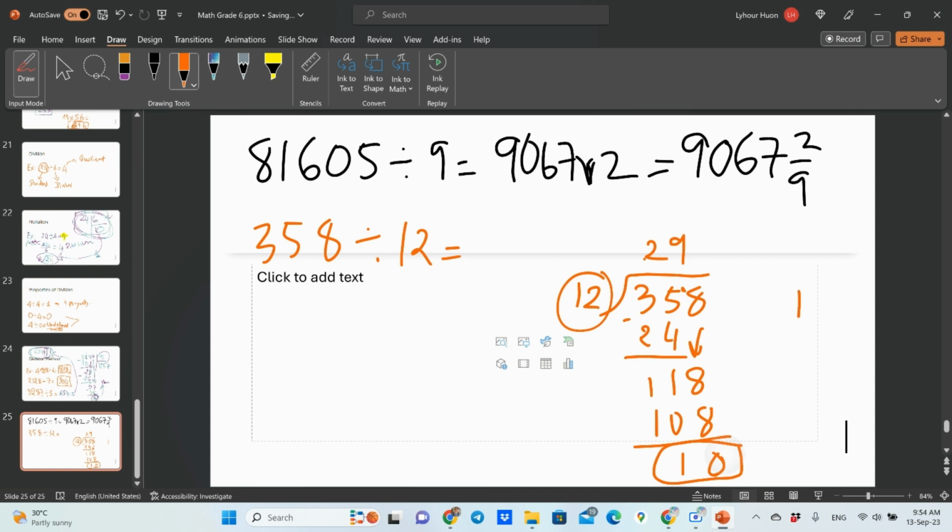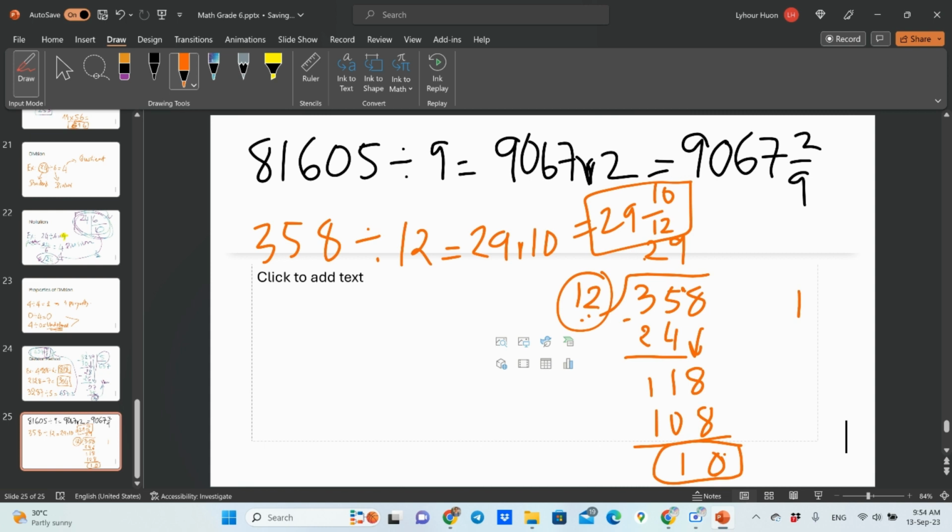If the remainder is greater than the divisor, you did it incorrectly. Remember, a remainder has to be smaller than the divisor. So this equals 29 remainder 10, or 29 and 10 twelfths, 29 10 over 12.